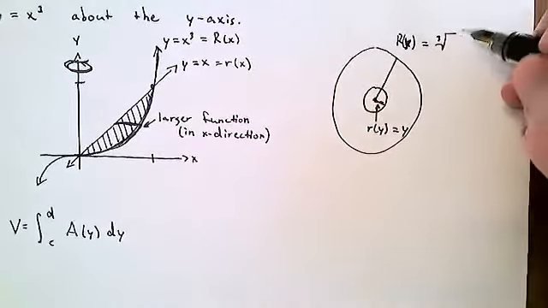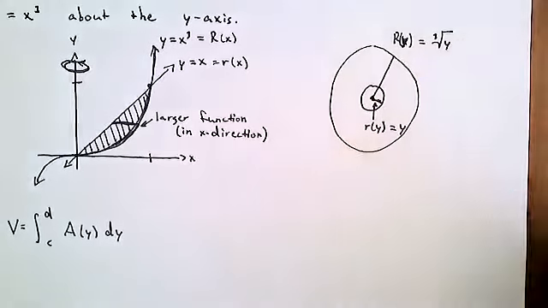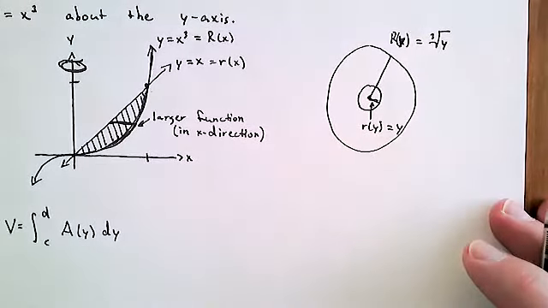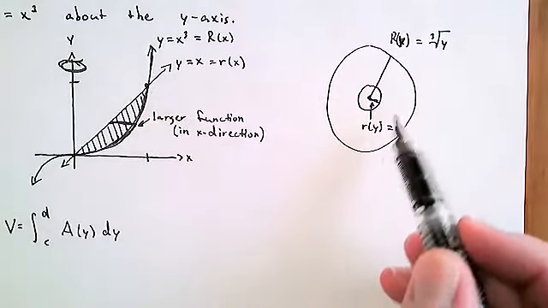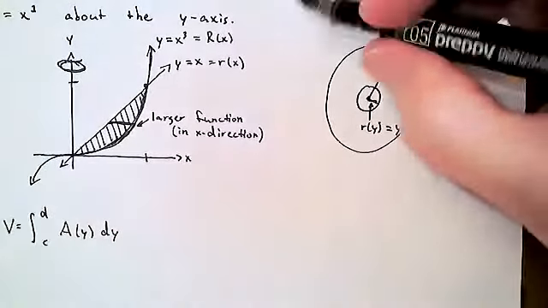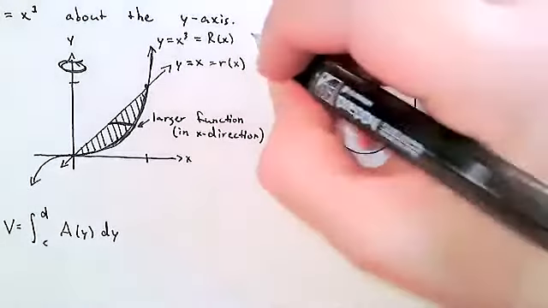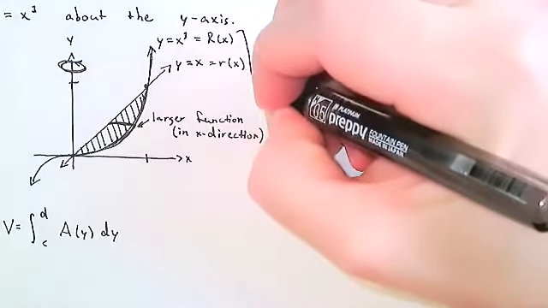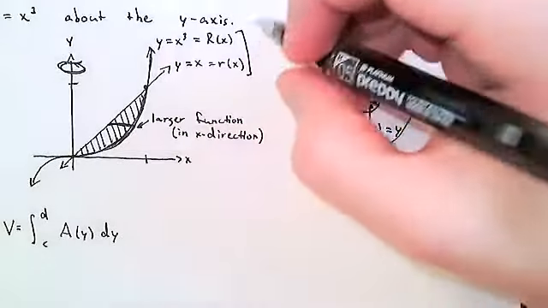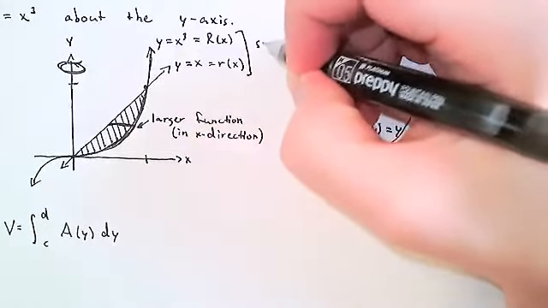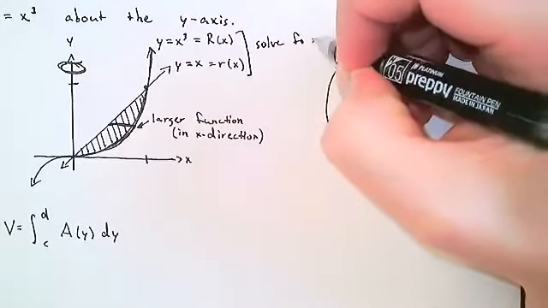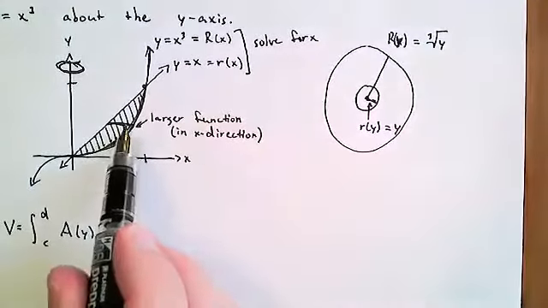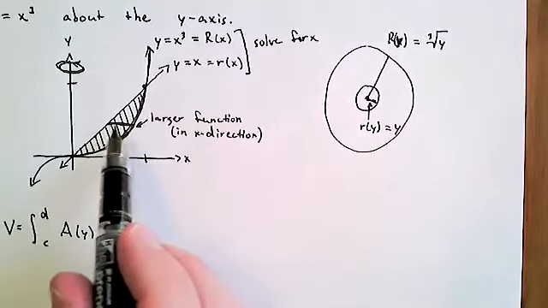R of y equals the cube root of y. So you have to solve these to get these radiuses. Maybe I should make a note here that these two should be solved for x, because we're looking for a distance in the x direction.